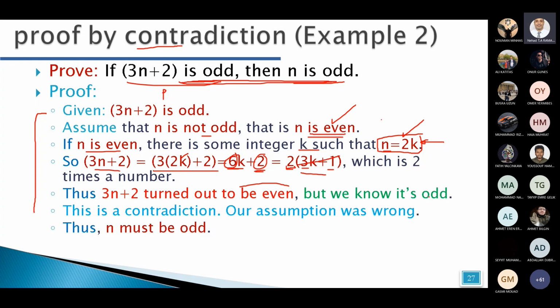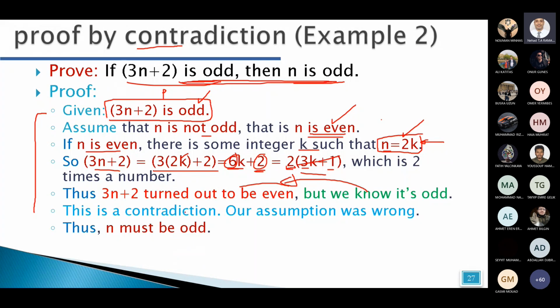But we know that this one is odd. So this contradicts the original assumption. So our assumption that n is even is not correct.